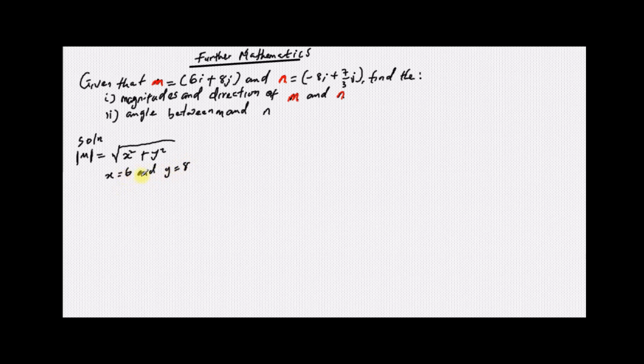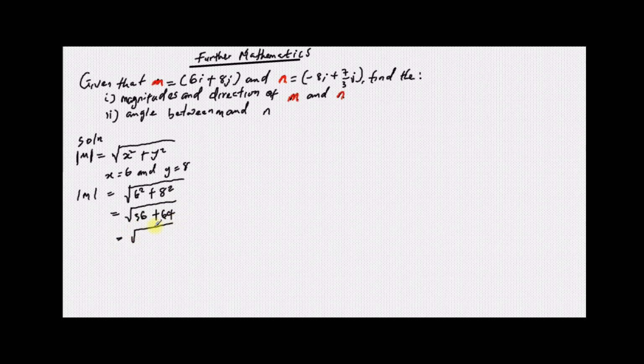If we substitute these two values into this formula, we have magnitude of m equals square root of 6 square plus 8 square. That will give us square root of 6 square, that is 36, and 8 square, that is 64.